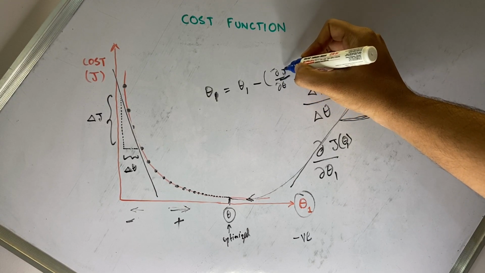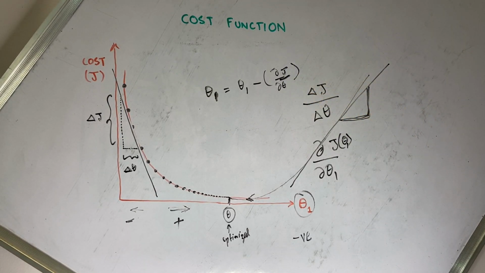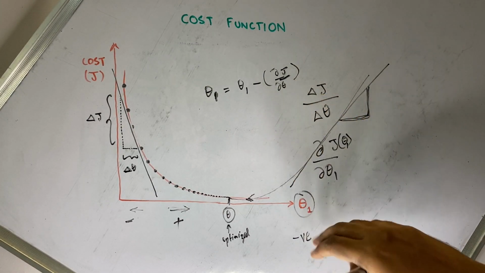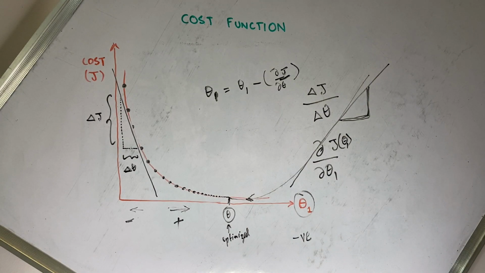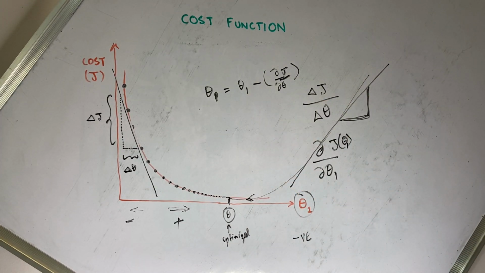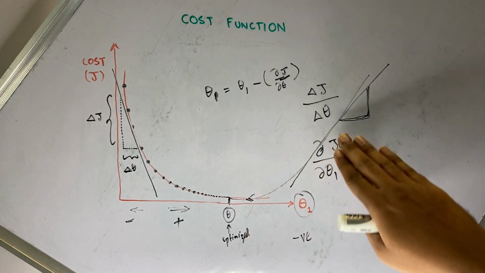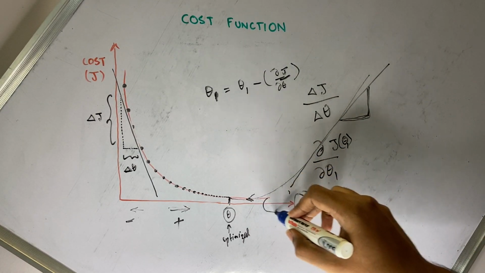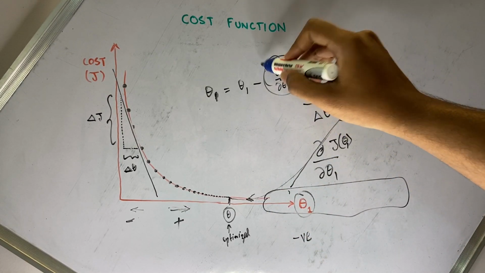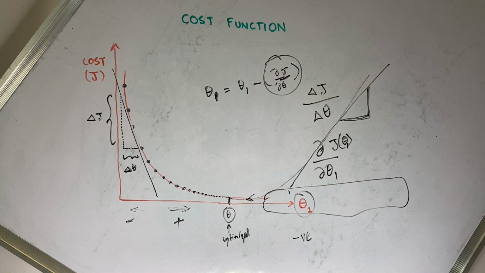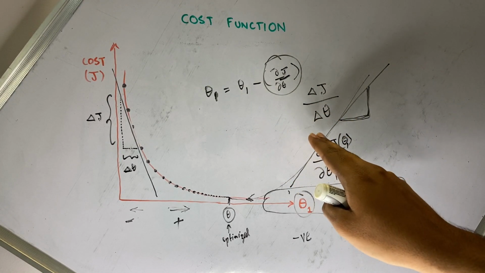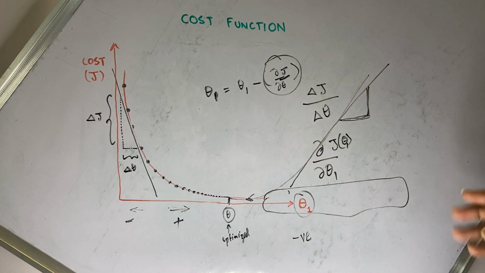So when we take a derivative of this cost function, this derivative can be positive or negative based on the randomly initialized theta 1. If randomly initialized theta 1 is somewhere around this range, then the derivative would be positive, so that theta 1 will get reduced over the number of iterations.